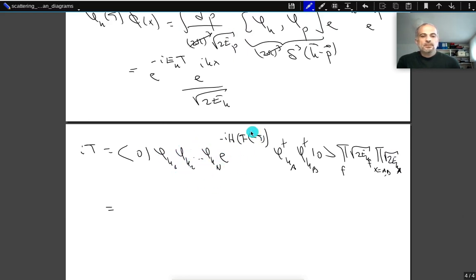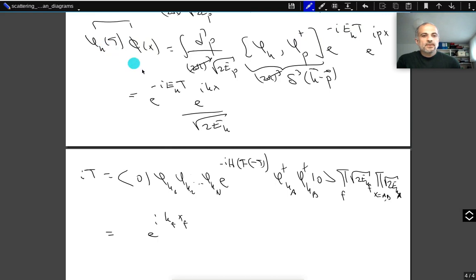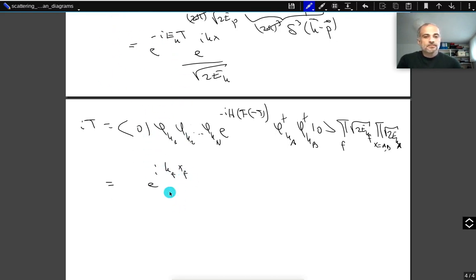Now all these fields, if we want to get some non-zero matrix elements, should be contracted with something from the Hamiltonian. And when we have those contractions, we will have e to the power i k_f x_f for each one of these phi fields, each of which corresponds to the out particles.